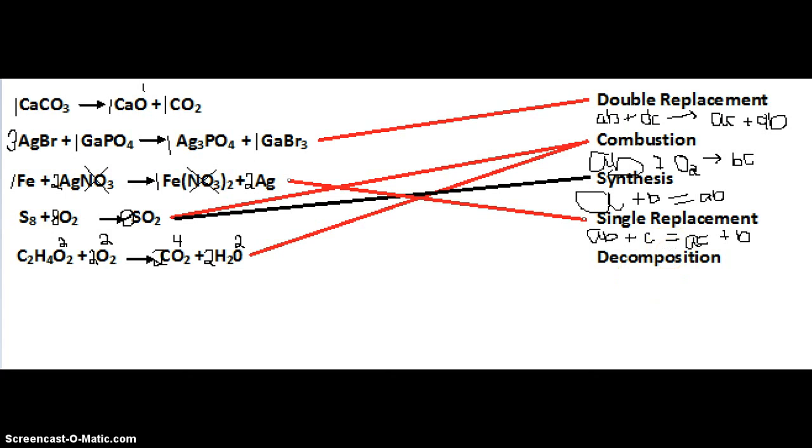So the last type of reaction, but not least, is decomposition. Now, decomposition is the opposite of synthesis. You have a compound which is together, and it separates into two different elements, or two different compounds, as the case may be. And I'll just show what it looks like.